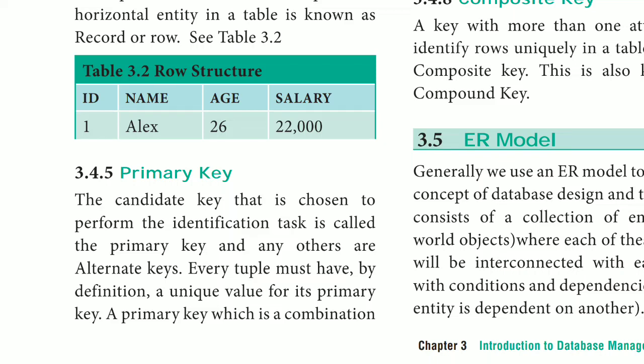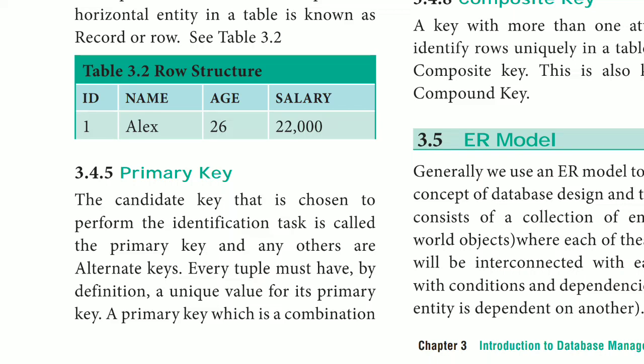So you can ask what is the name of ID 1. The database will go and search for ID 1 and get the name of the respective record. This is a way of accessing the data by using ID. So the primary key is the identification part of the individual record.